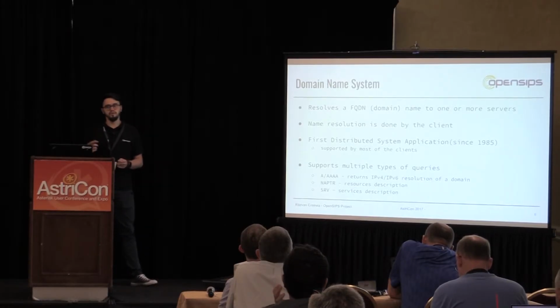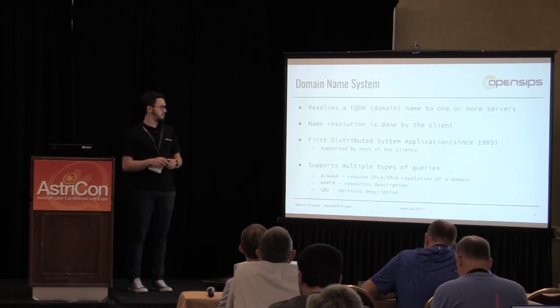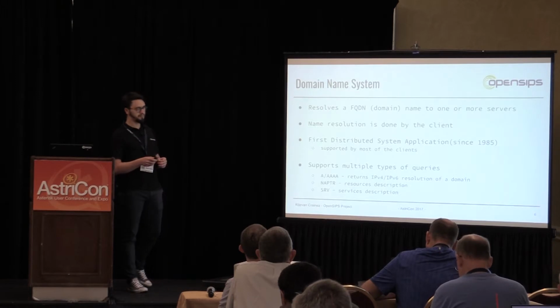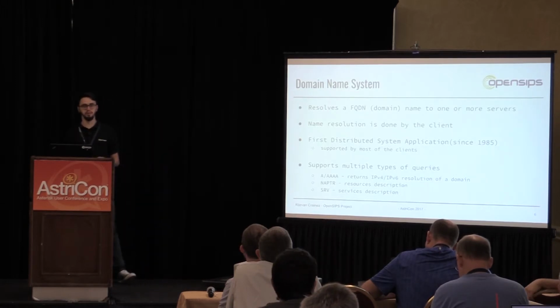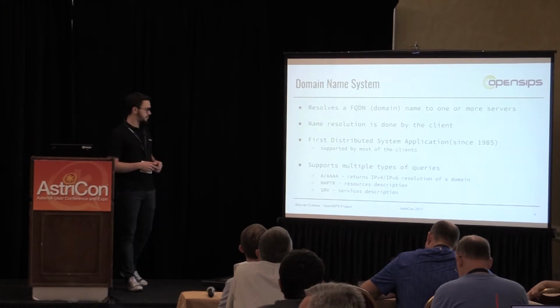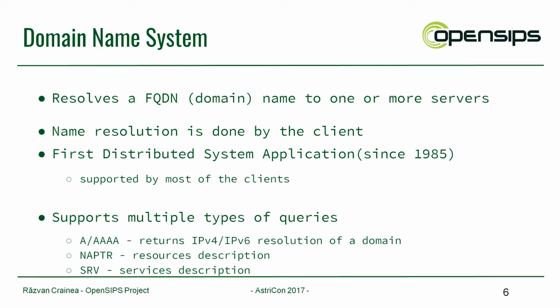It's considered one of the first distributed applications. It was developed in 1985. Basically everybody knows about it, and most of the clients already support it. It has several types of queries like NAPTR, SRV, PTR, whatever. There are many, but today we'll be talking about these two.